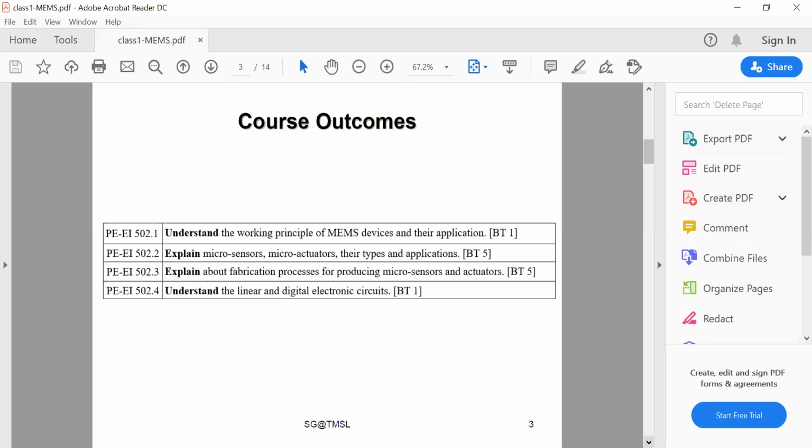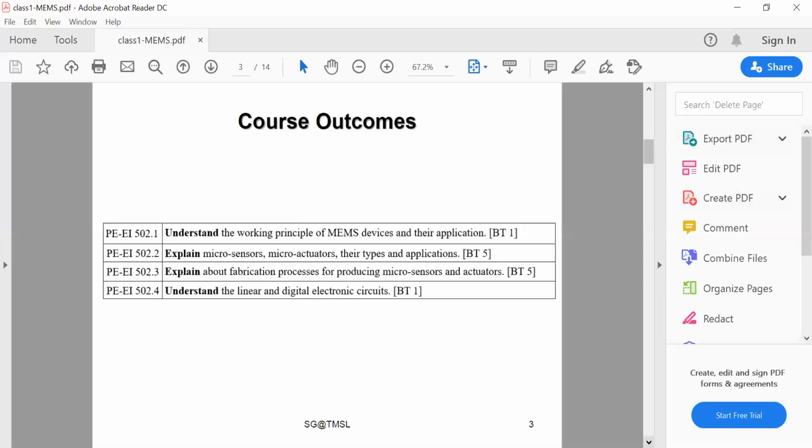The first outcome, or CO, of this subject is to understand the working principle of MEMS devices and their application. You must understand the working principle of MEMS based devices and where they are used. And BT1 is the Bloom taxonomy level according to the NBA accreditation.